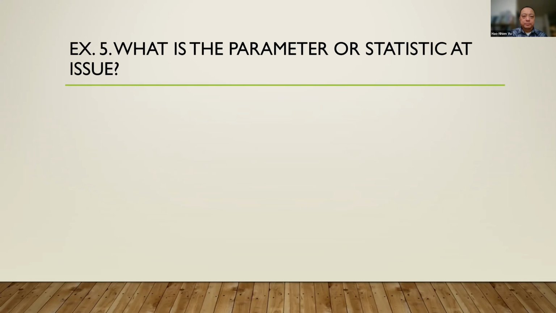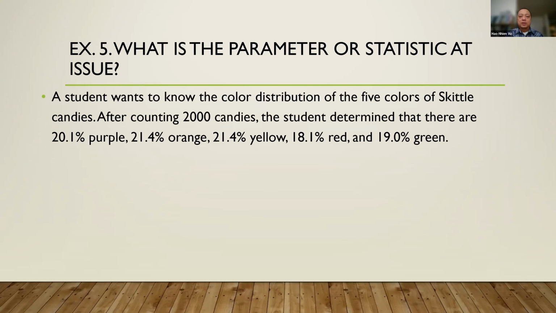Next example. A student wants to know the color distribution of the 5 colors of Skittle candies. After counting 2,000 candies, the student determined that there are 20.1% purple, 21.4% orange, 1.4% yellow, 18.1% red, and 19.0% green.